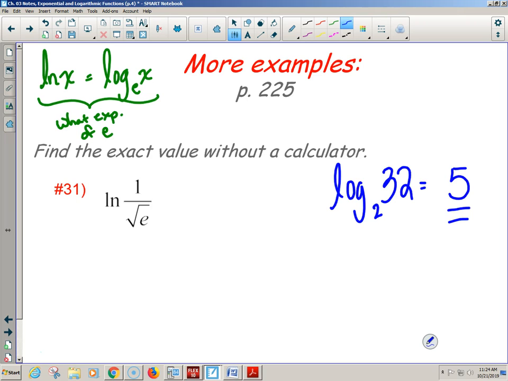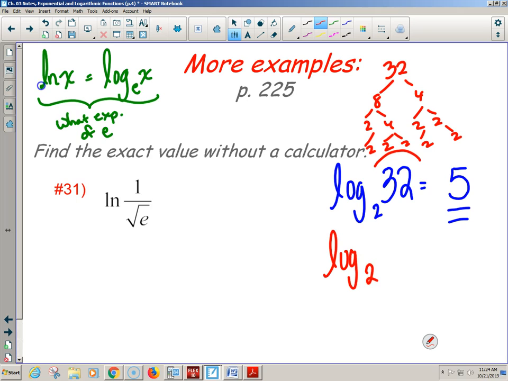Now, they said Mr. Che taught you guys all the powers of 2, so that you should have had this memorized. I, to be honest, would have broken 32 down, saying oh, he's 8 and 4, and he's 2 and 4, and he's 2 and 2. This is how I learned to break numbers down, either in my head or on paper, to figure out who 32 is, and 32 is 2 to the power of 5.